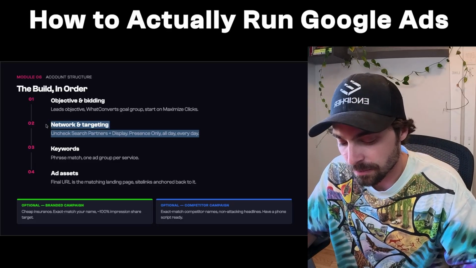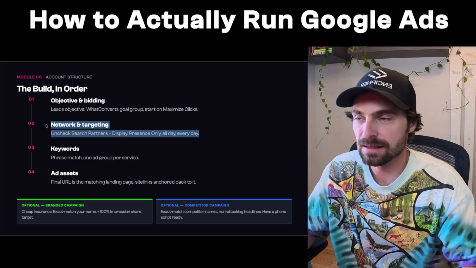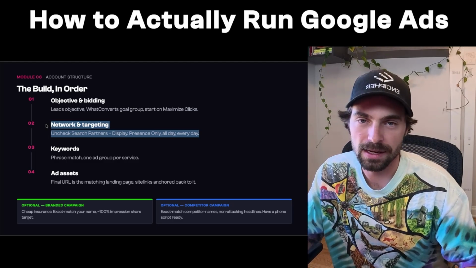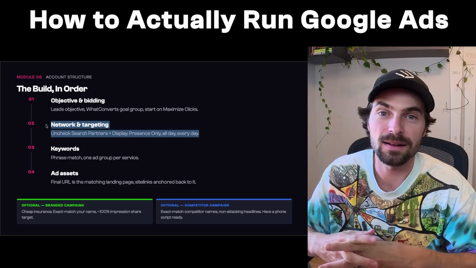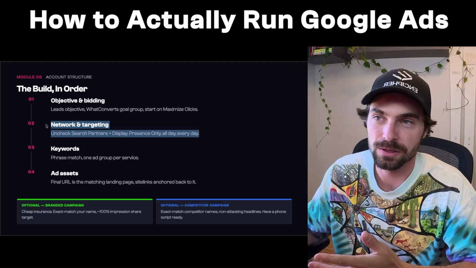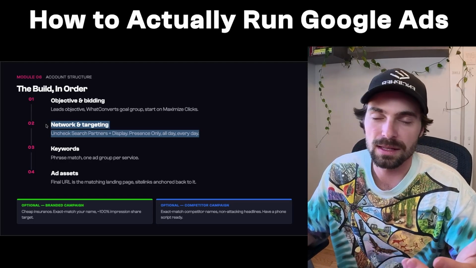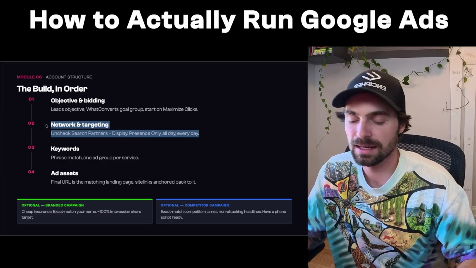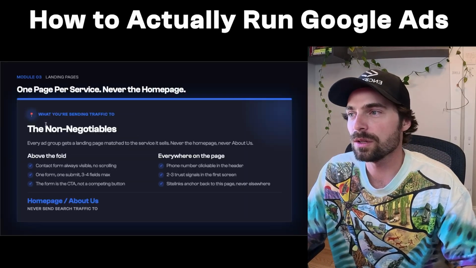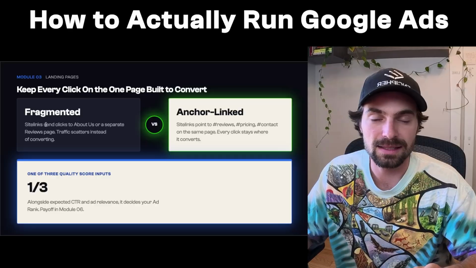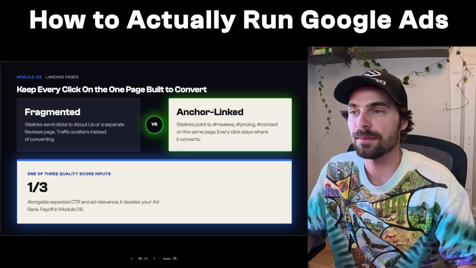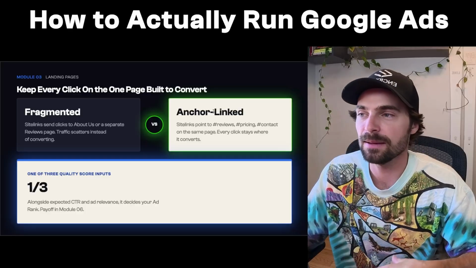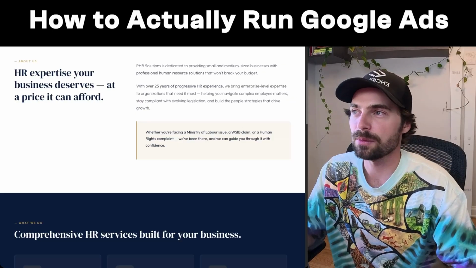And one little hack that I want to show you guys is in your landing page, right? The whole purpose of having a landing page is so people stay on that page because it was relevant to their search. If you're going to give somebody the option to go to a different page of your website, it kind of defeats the purpose. So when you're putting in your site link extensions in your ad, you can use anchor links or in-page linking. This is just an example.